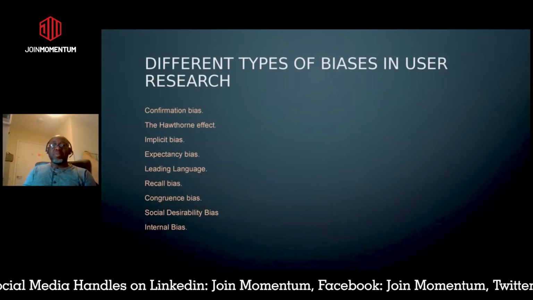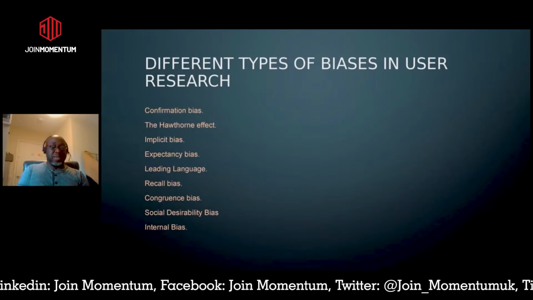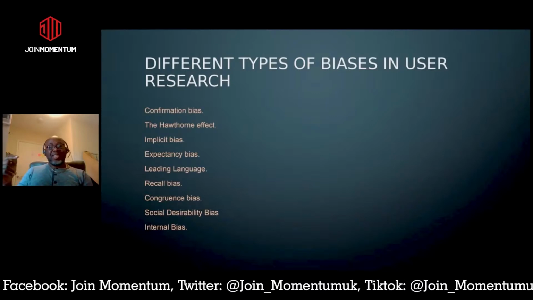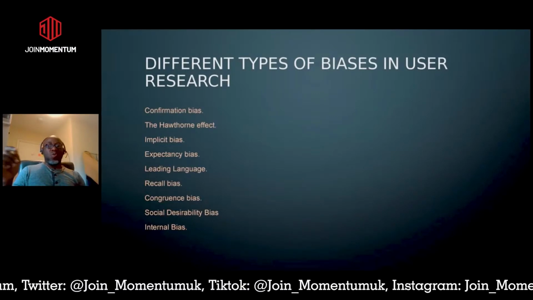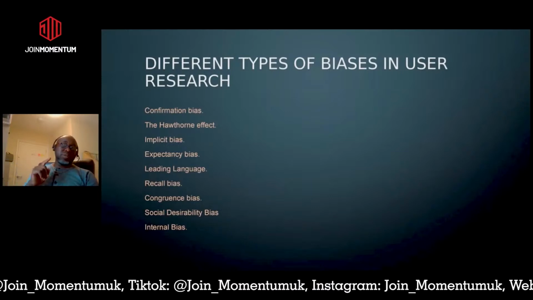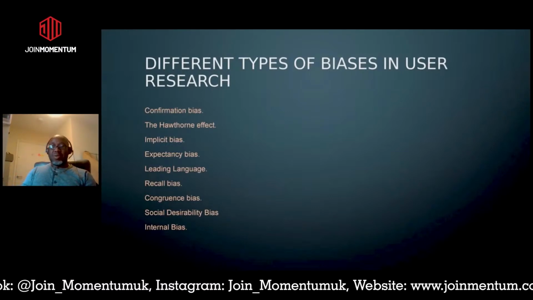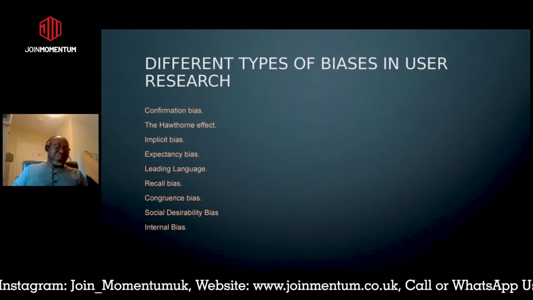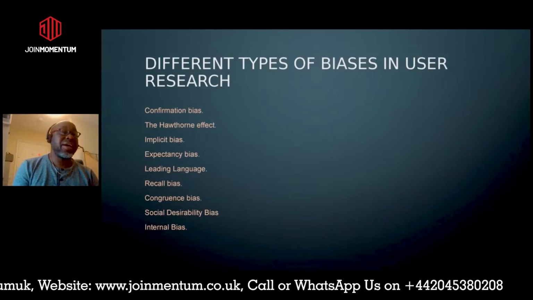And then there's another one which is common. We see it each and every day: the social desirability bias. It is the tendency for a person to over-report socially desirable characteristics or behavior. It's like when we're on social media, where most of us, I want to believe, have various social media handles.